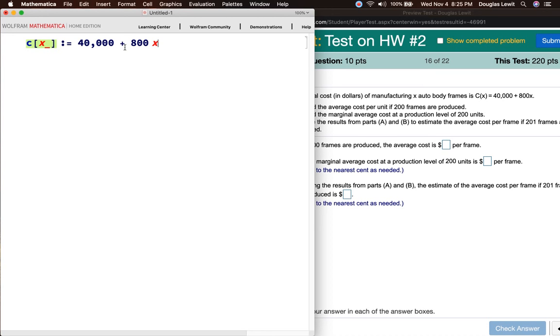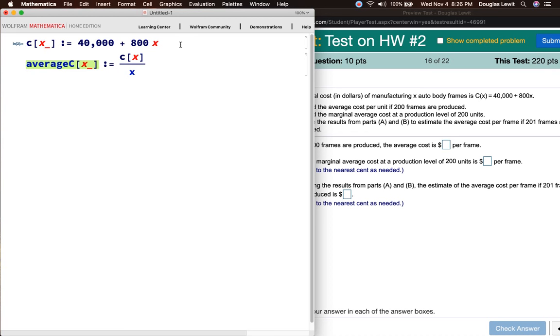Now, that's the c function. Average c is going to be equal to c of x divided by x, or if you prefer, you can make it look a little fancier by entering control divide by x.